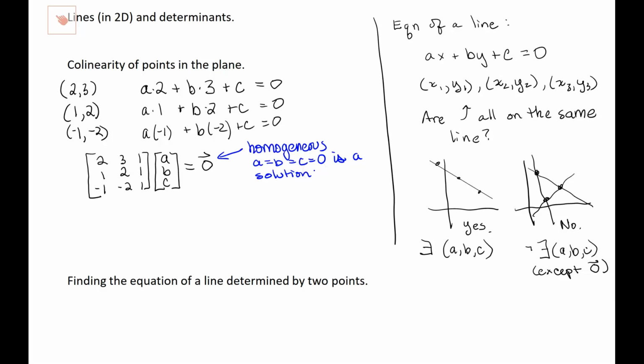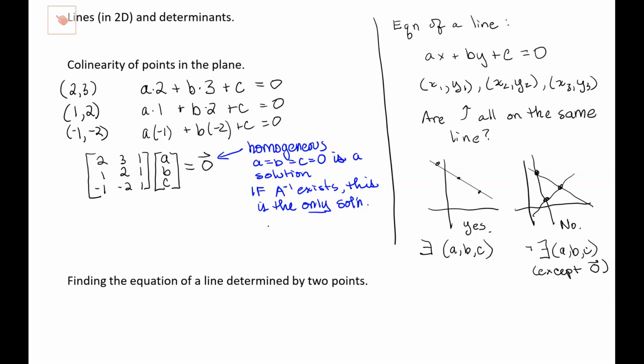But it's not an interesting one, because it's not giving us the equation of a line. It's giving us just the obviously true statement that 0 equals 0. So a homogeneous system has only the 0 solution like this, exactly when this matrix is invertible. So we want to ask this question, are these points collinear in the plane?